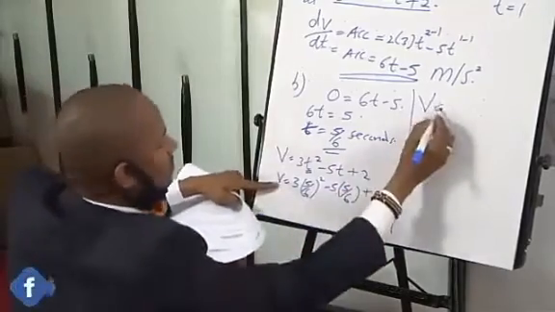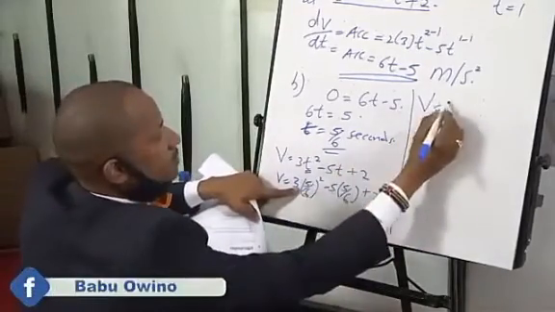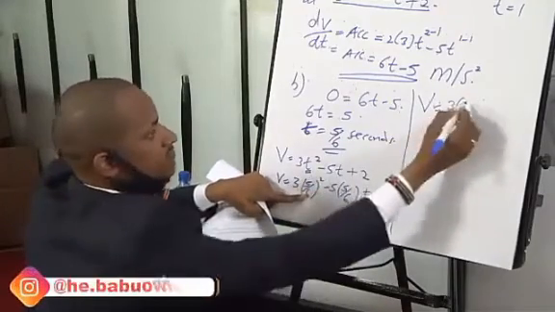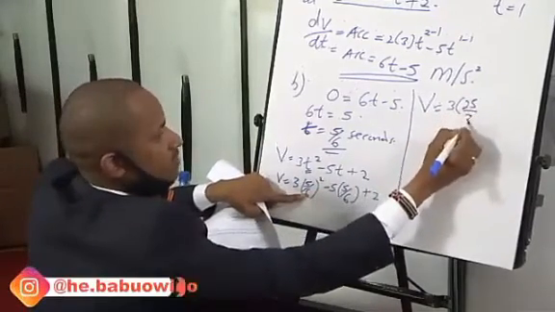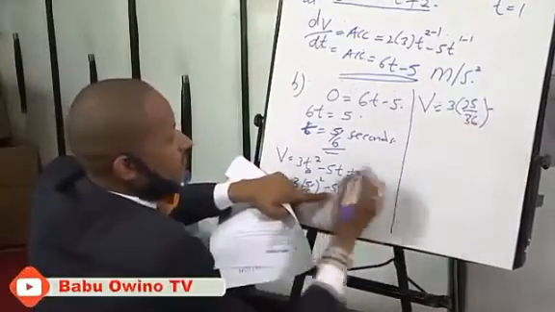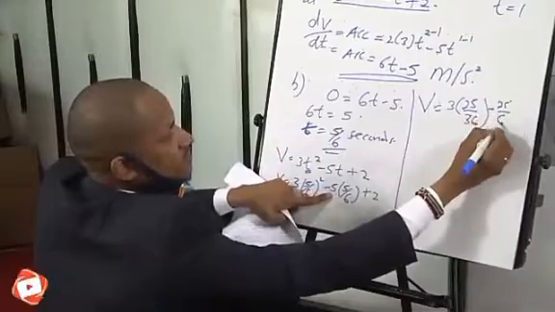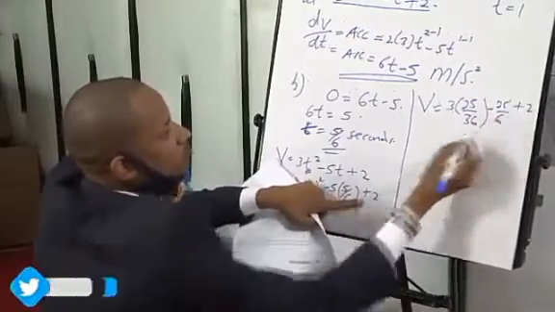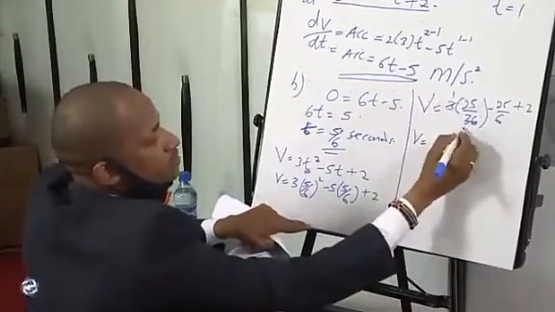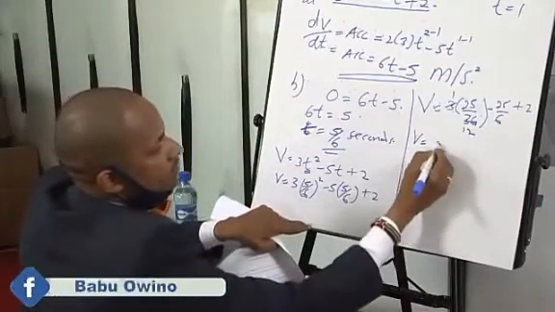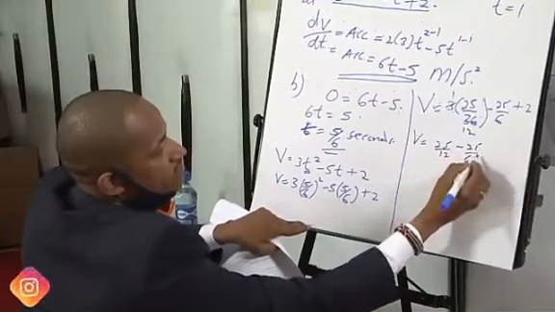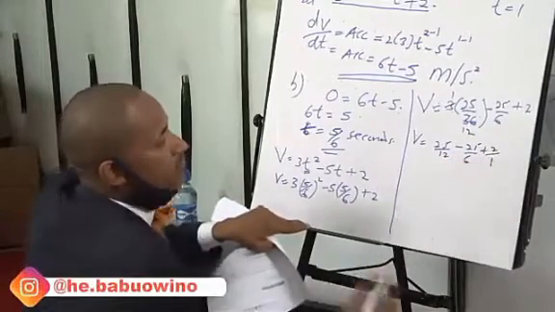So our velocity equals 3 times 5 squared over 6 squared, 5 squared is 25, 6 squared is 36, minus 5 times 5 is 25 over 6, plus 2. 3 goes into 36 twelve times, so we have 25 over 12 minus 25 over 6 plus 2 over 1.